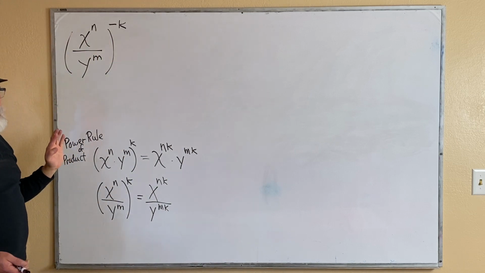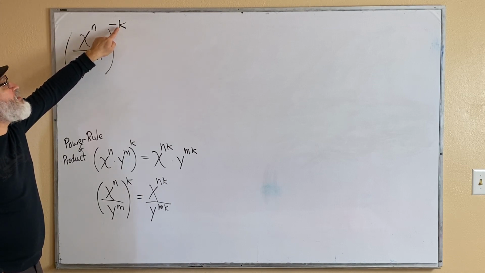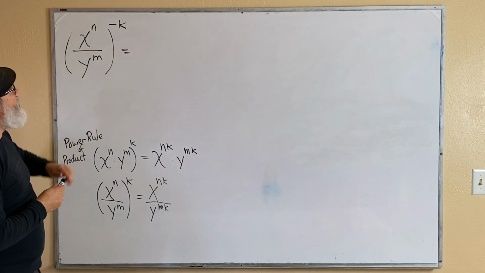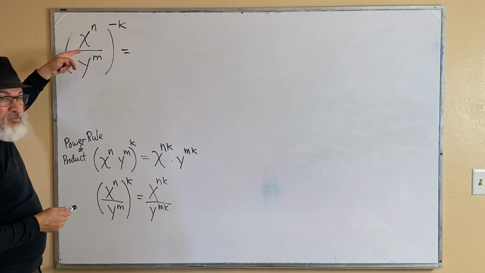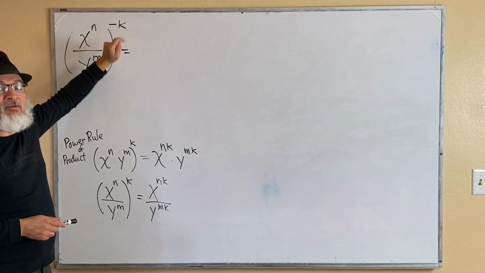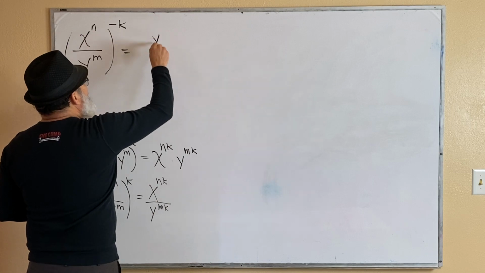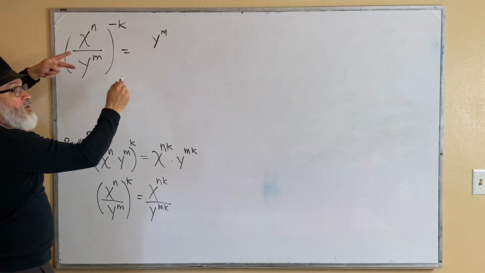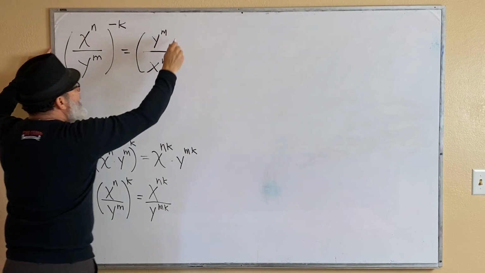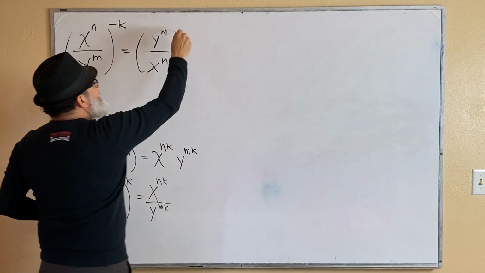So we use that rule whenever this roof, this power, is negative. I'm going to flip the house, and this becomes y to the nth divided by x to the nth, and this becomes positive k.